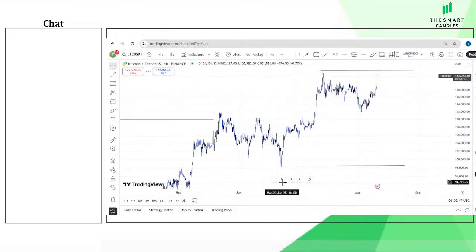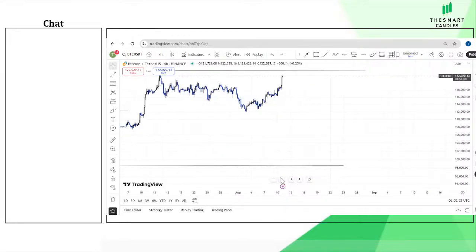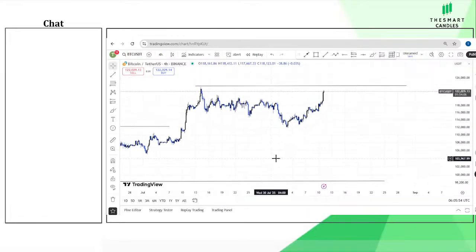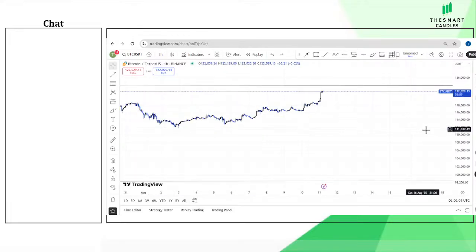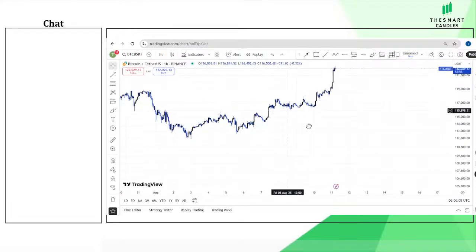Looking at 4 hours, we still have the same structure to the upside. So let's go to 1 hour to get a more clear view on the immediate price action and possible trade entry we should be looking at for this week.